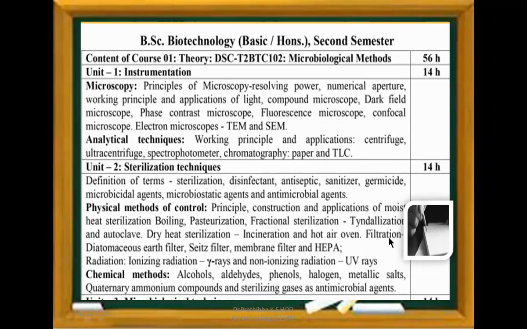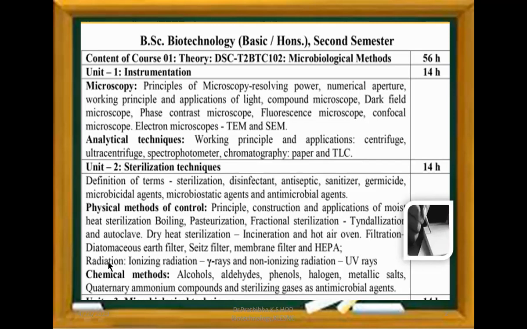Next, further, you need to learn about filtration techniques. There, diatomaceous earth filter, Seitz filter, membrane filter, and HEPA filter. Okay, this HEPA you can see in the laminar airflow instrument, which comes under the filtration techniques of sterilization.